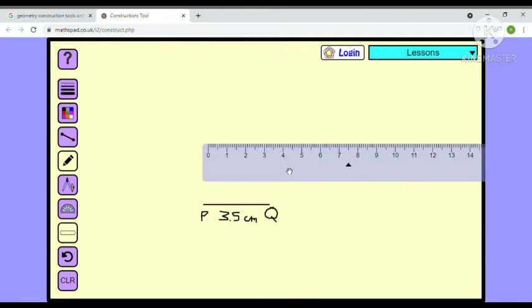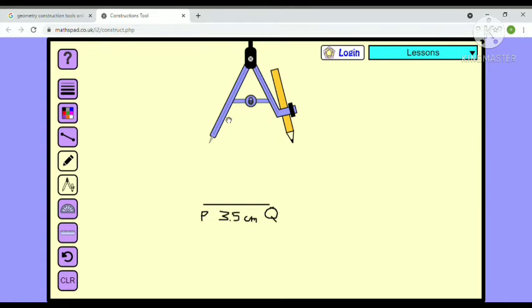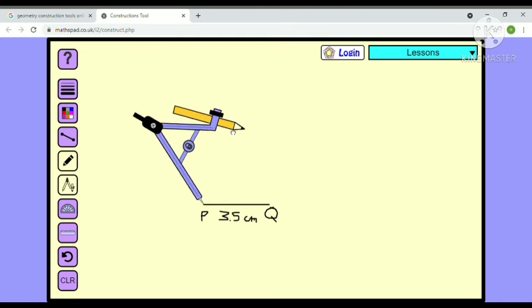So let us take a ruler and compass and let us take a measure of 4.5 centimeter in the compass. And now, keeping the point at P, let us draw one arc.